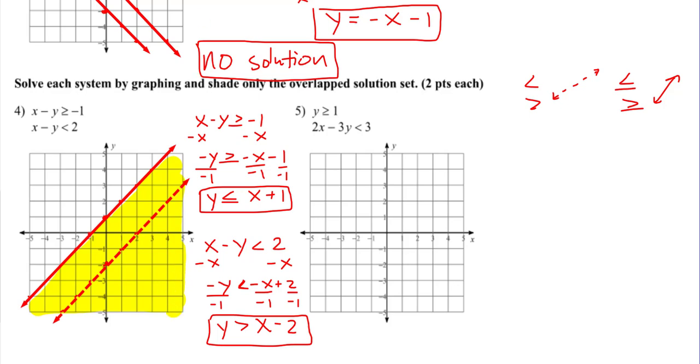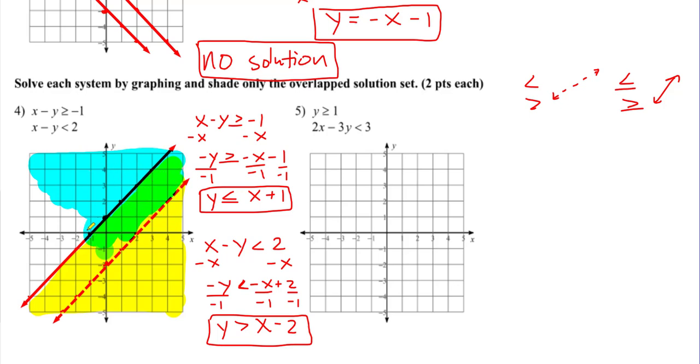Alright. Now this other one, it says y is greater than negative 2. So a value greater than negative 2 is going to be up here. So I am shading everything above this line. Okay. Remember, don't just stop at the other line. You want to see where these two colors overlap.